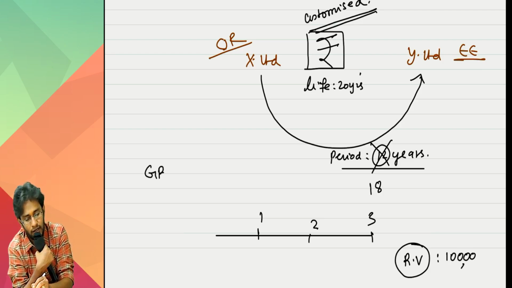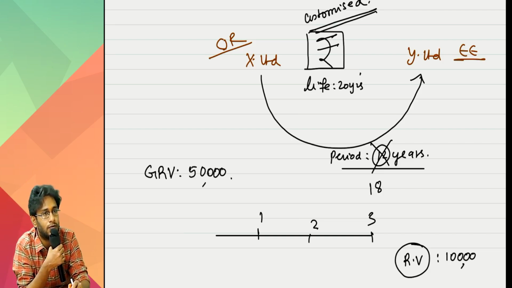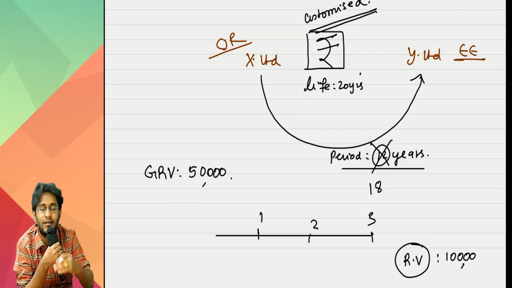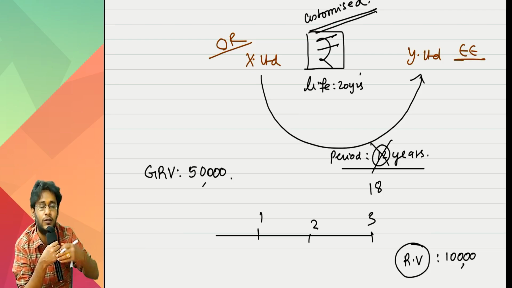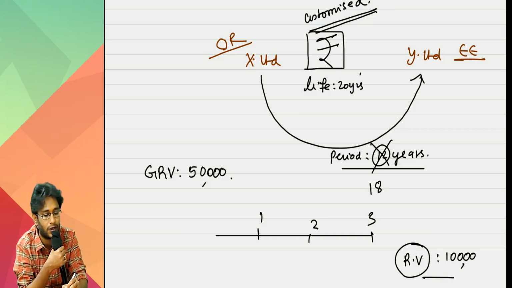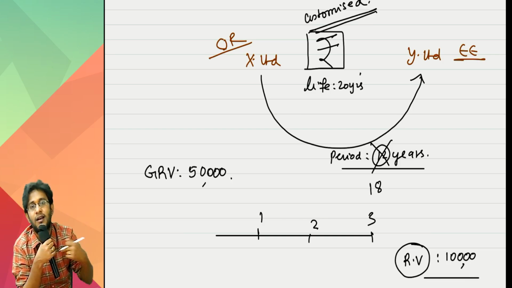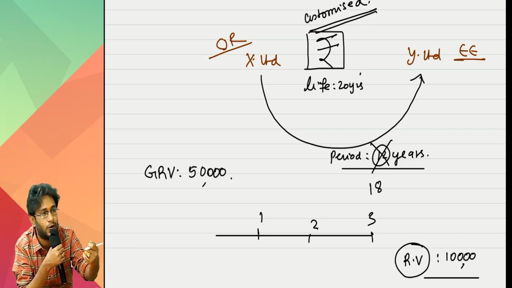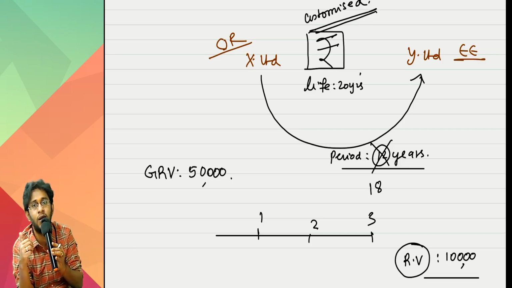But on the first day, the lessee promised I will give you a guarantee that the residual value will be at least 50,000. But the actual residual value is 10,000. Who has to pay money to whom? The lessee has to pay the lessor. That means the lessee is taking the risk. What risk? If the asset is used so much that its worth has fallen, then I will pay the remaining money also. That means the risk belongs to the lessee.